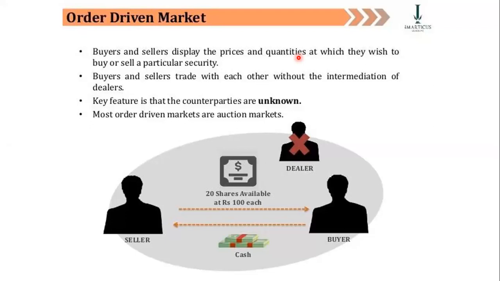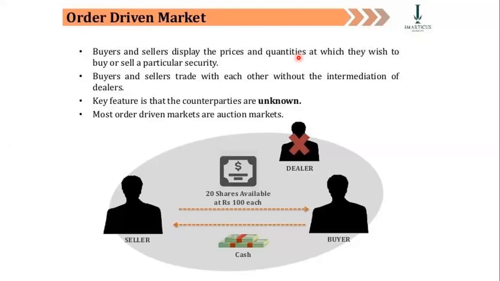Say Mr. X wants to buy 20,000 shares at 10 rupees, like that, right? So here they are showing price as well as quantities. So buyers and sellers display the price and quantities at which they wish to buy or sell a particular security.